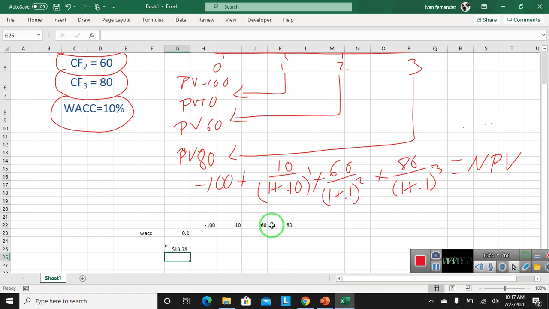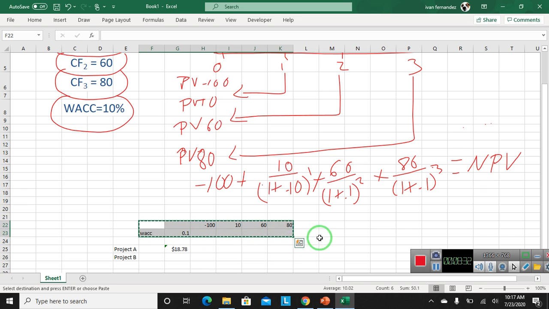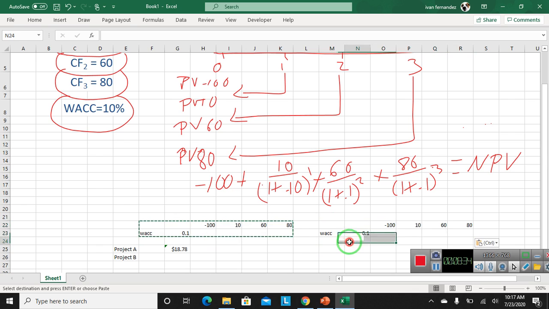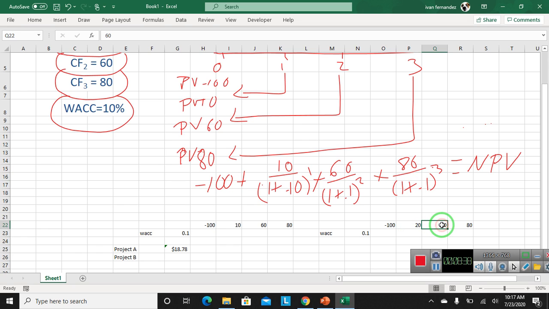So imagine you are running, so let's call this project A. That's project A, and let's say that we have project B. And let's say that project B is identical to this one, but the first year you get 20, and in the second year you get 50.